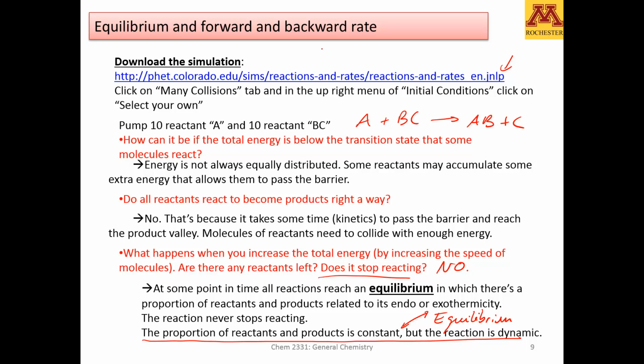It just means that equilibrium is reached when the rate of reactants going into products going forward is equal to the rate of products becoming reactants, the reverse. When you have this situation, that's what we call equilibrium, and that's very important to keep in mind. Every time we talk about equilibrium, you must have the molecular explanation for what equilibrium is. Equilibrium is essentially dynamic.